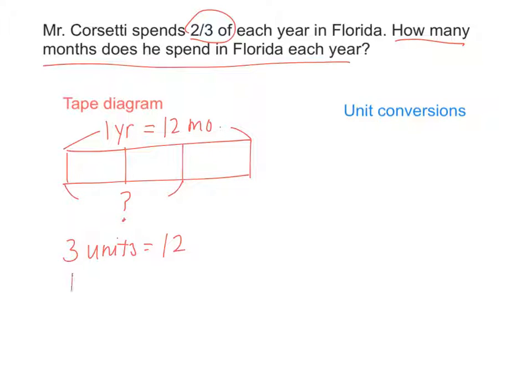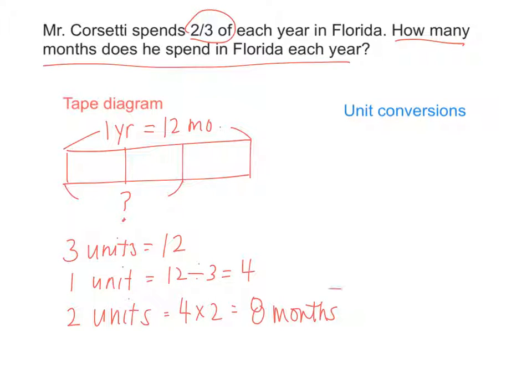Good. So then therefore 1 unit is going to be 12 divided by 3, which is 4. But then we're trying to find out what's in 2 units. So we're going to write 2 units equals 4 times 2, which is 8. And then what's our label? 8 months. Good. So we found out using a tape diagram that Mr. Corsetti spends 8 months of the year in Florida.